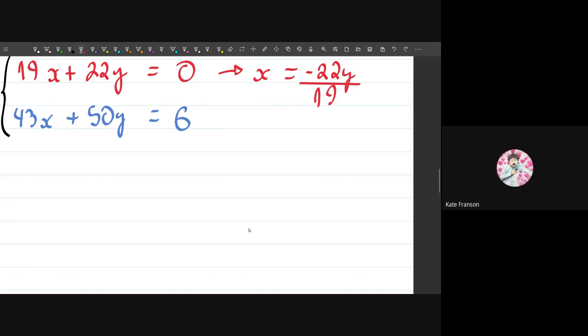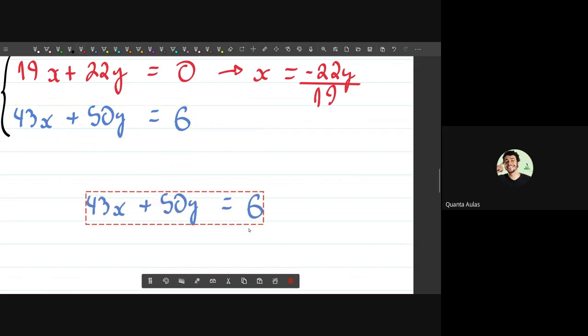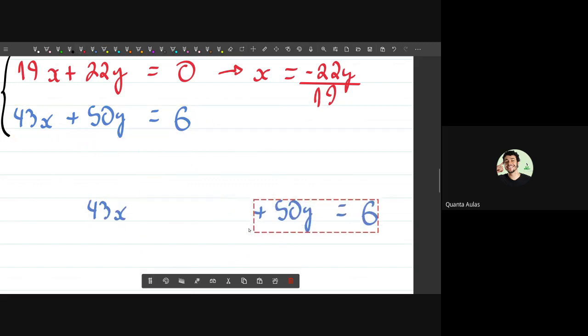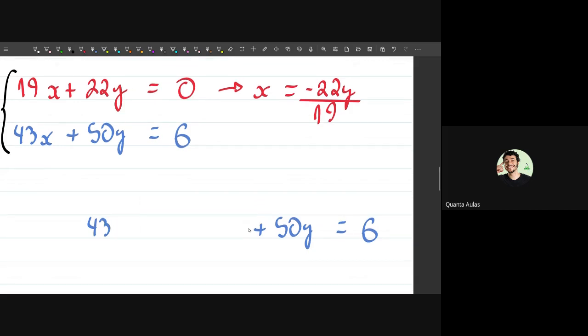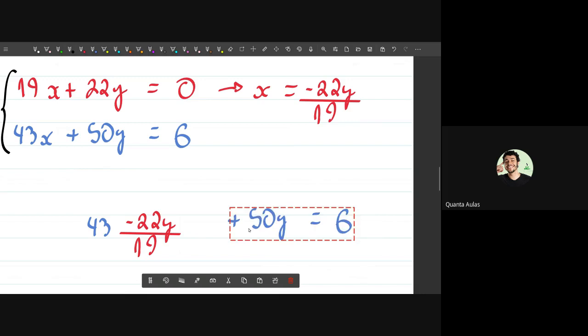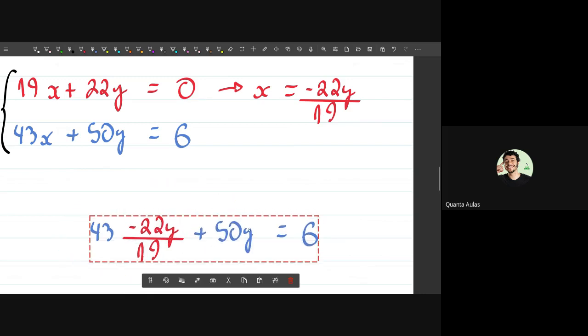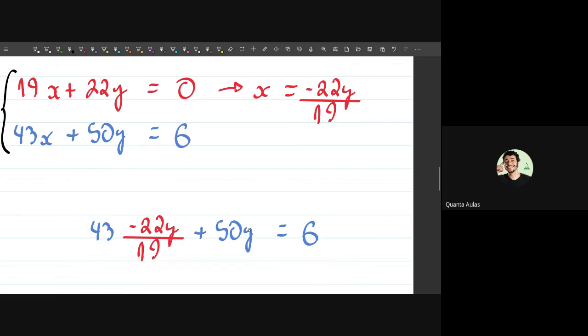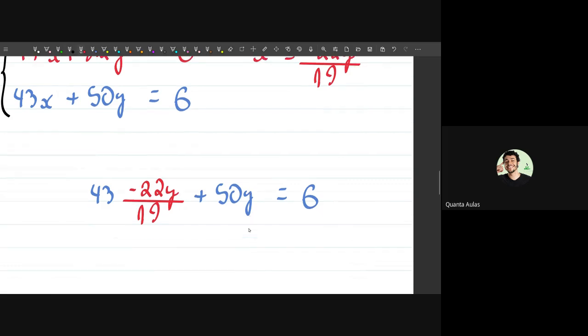So let's finish this. Okay, we can copy and we can change x for this number. So we have only an equation with one letter, one variable, y. And now we can isolate y and we get the value of y, right?